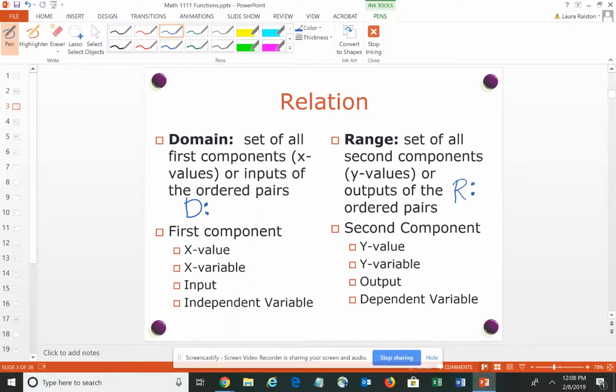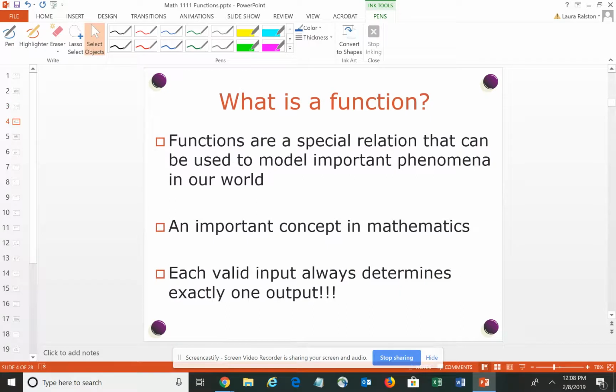Now, I mentioned the idea of a relation first because a function is actually a special relation that we use in algebra and in other mathematics courses to model different phenomena in our world. And it's a very important concept. It's actually one of the major concepts within college algebra.